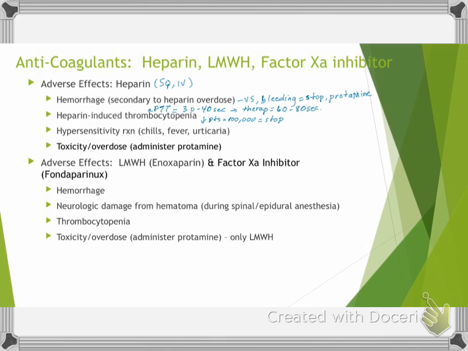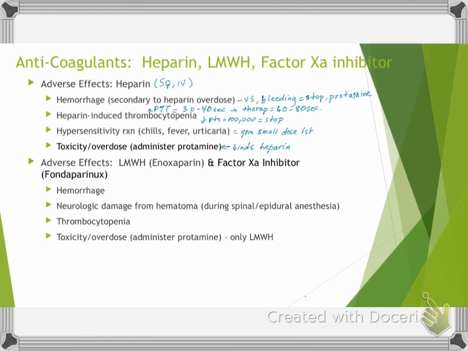So we want to administer a small dose prior to the first dose. We want to give a small dose before the big dose. Okay. So for toxicity and overdose, we'd administer protamine. Protamine binds heparin so that it can't do any damage.